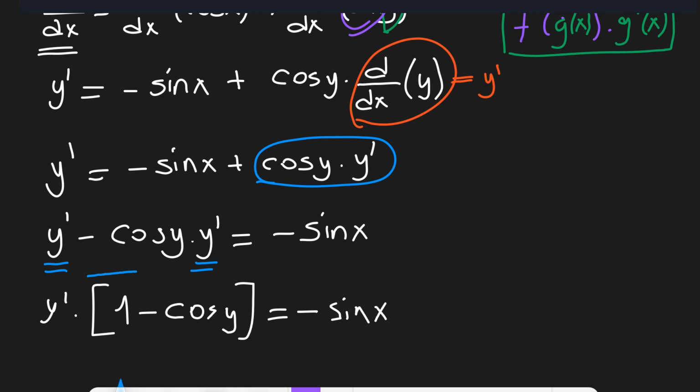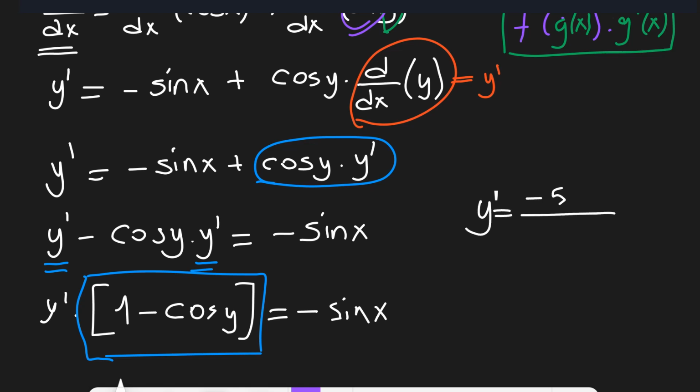Now we can divide both sides by this and end with the derivative of y is equal to negative sine x divided by 1 minus cosine y.